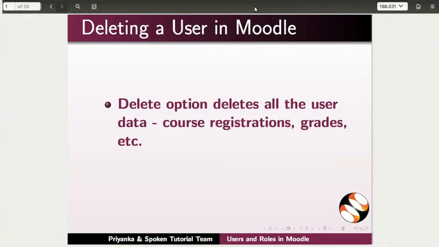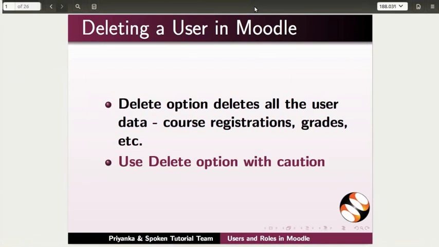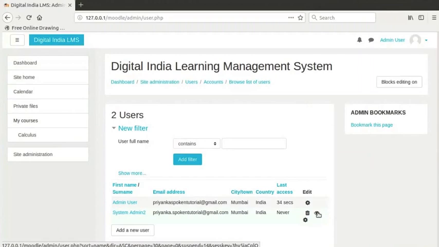The delete icon will delete the user. Please note, deleting a user will delete all the user data, including his or her course registrations, grades, etc. So this option should be used with extreme caution. The eye icon will suspend the user.